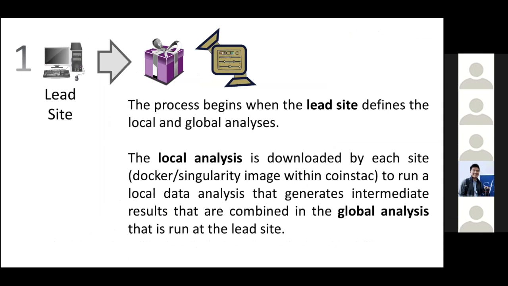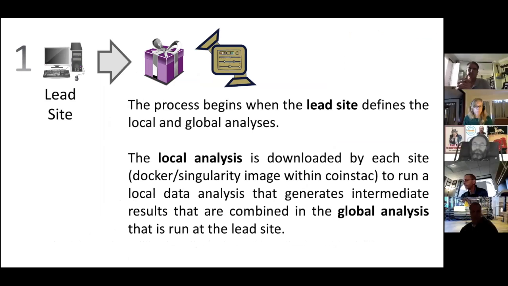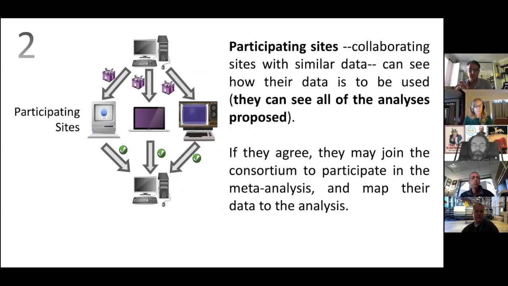The computation for the local analysis is done at the local site, and then the results are, rather than being sent as a zip file, sent via FTP, or file transfer protocol, to a lead site. Participating sites basically do the same type of thing that they would do in the current analysis, where we send our code around.